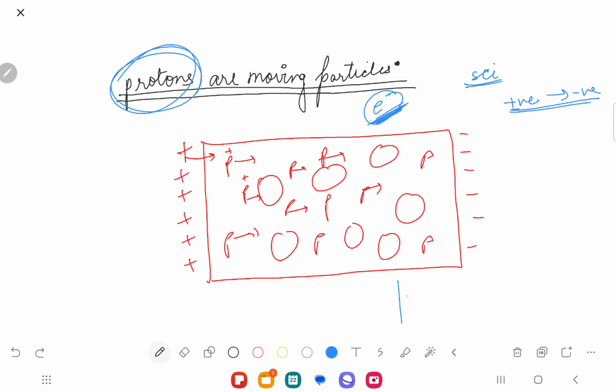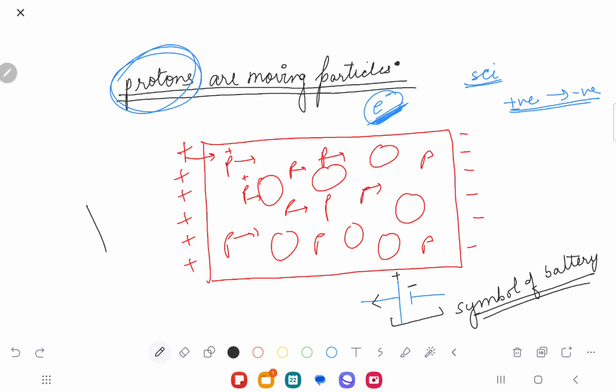So even today, they would say the charged particles are coming out of the positive terminal of the battery. This is a symbol of the battery. Today as well, when they connect a battery to some resistor or something, they would say the current is coming out from the positive terminal, but the positive terminal can only repel a proton.